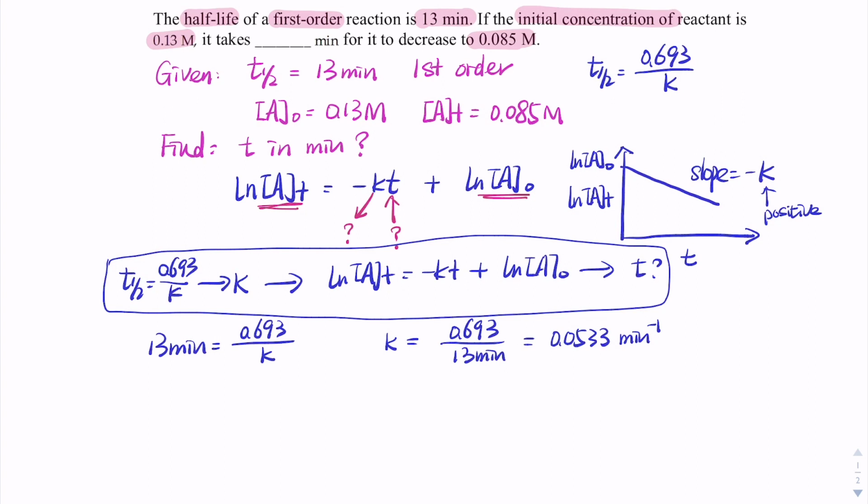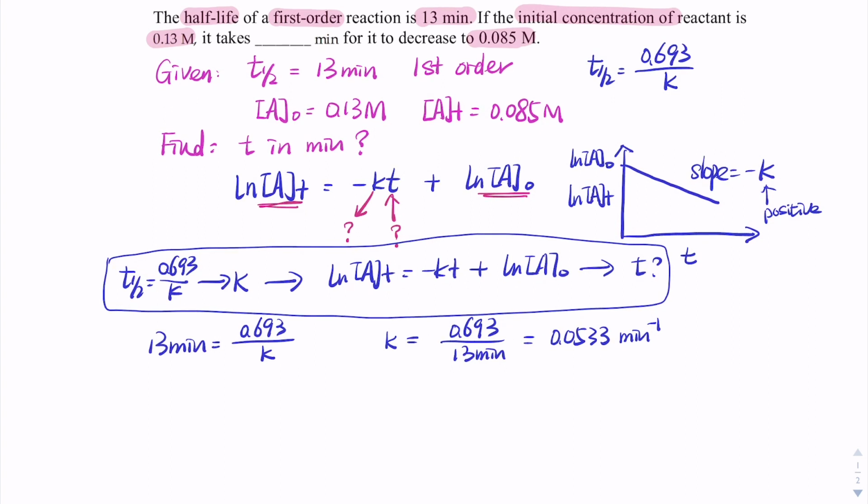So ln of the concentration at the time we're looking for, 0.085, equals negative k, which we just solved, 0.0533 minutes to the negative 1, times t, plus ln of the initial concentration, which is 0.13 molarity.